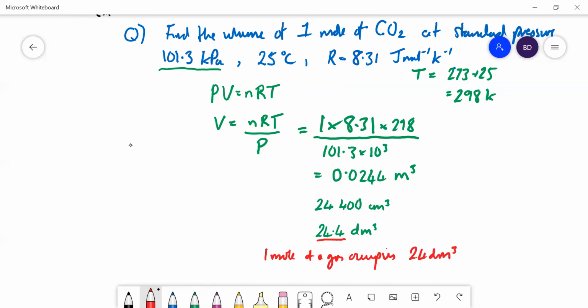You might remember that. Okay, that's where this comes from then. We don't work out the volumes of gases like we did at GCSE. We always use the ideal gas equation, but that number probably rings a bell. Okay, so more examples on the ideal gas equation to come.